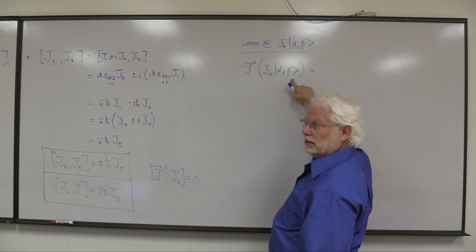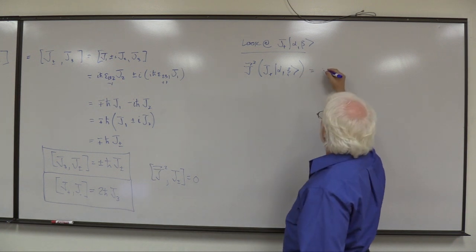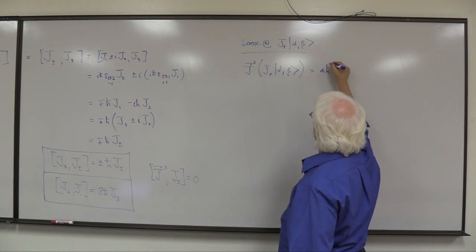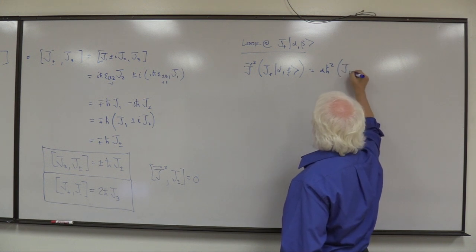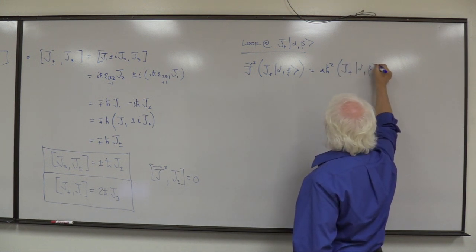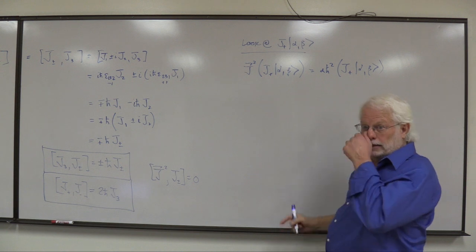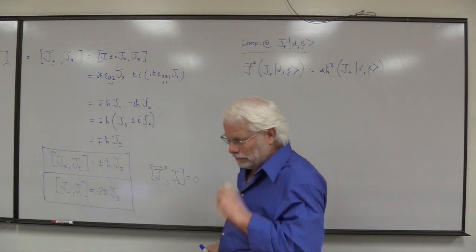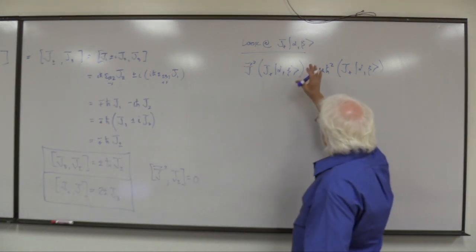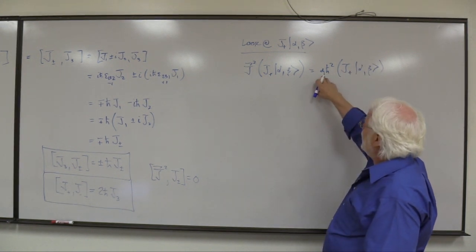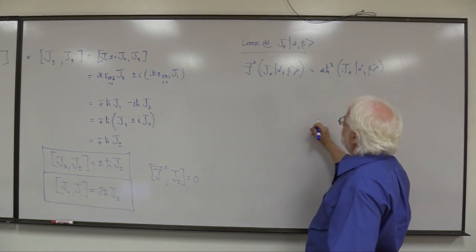So the J squared just comes in and gives its usual eigenvalue. We're just going to get alpha h bar squared J plus on alpha beta. We just move the J squared past and let it act. So J plus does not alter the alpha eigenvalue.